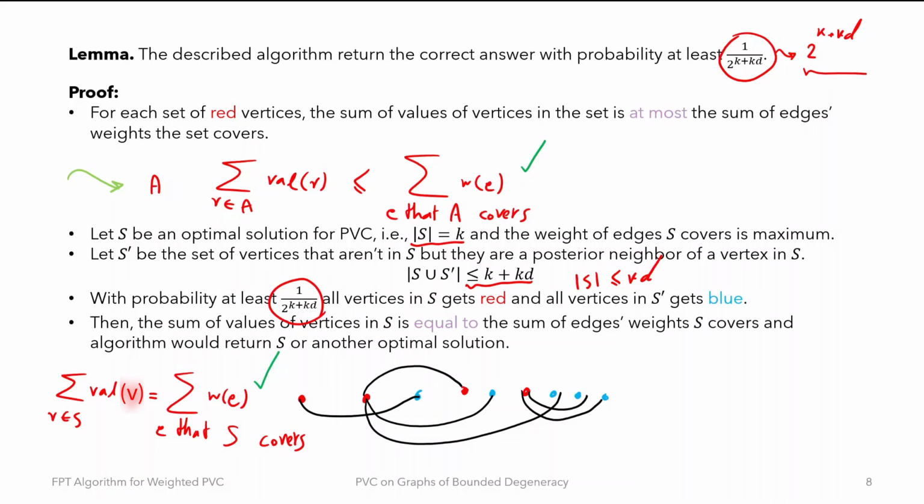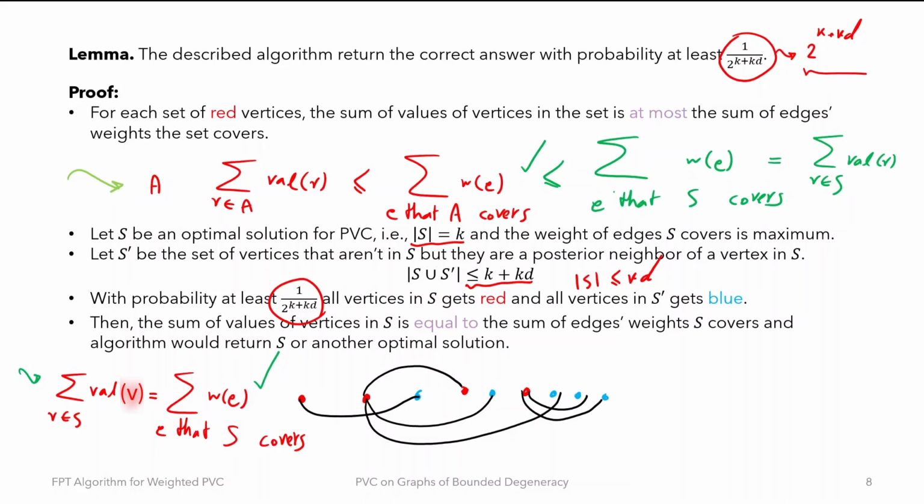So the sum of weight of edges that S covers is more than A. So like we have, and by what we just proved, S is the set with K most valuable vertices.